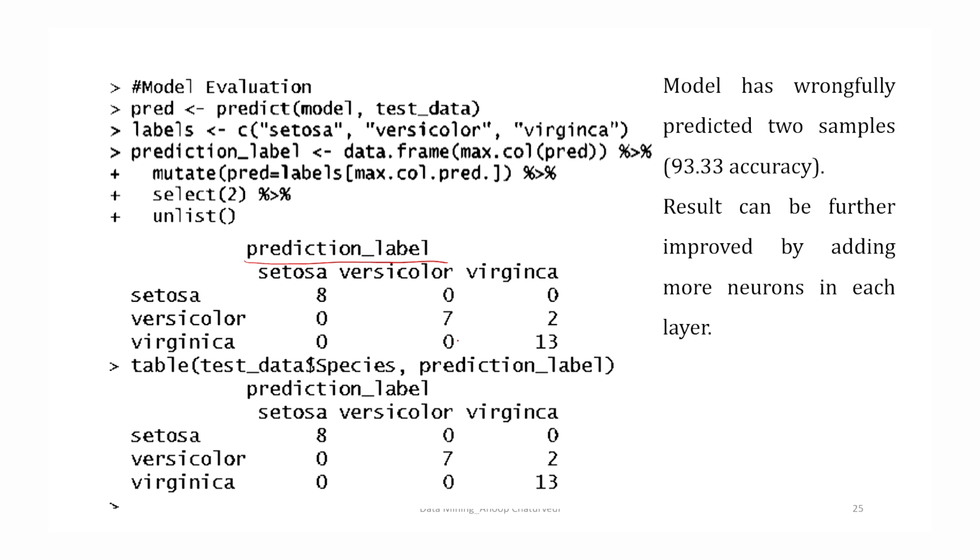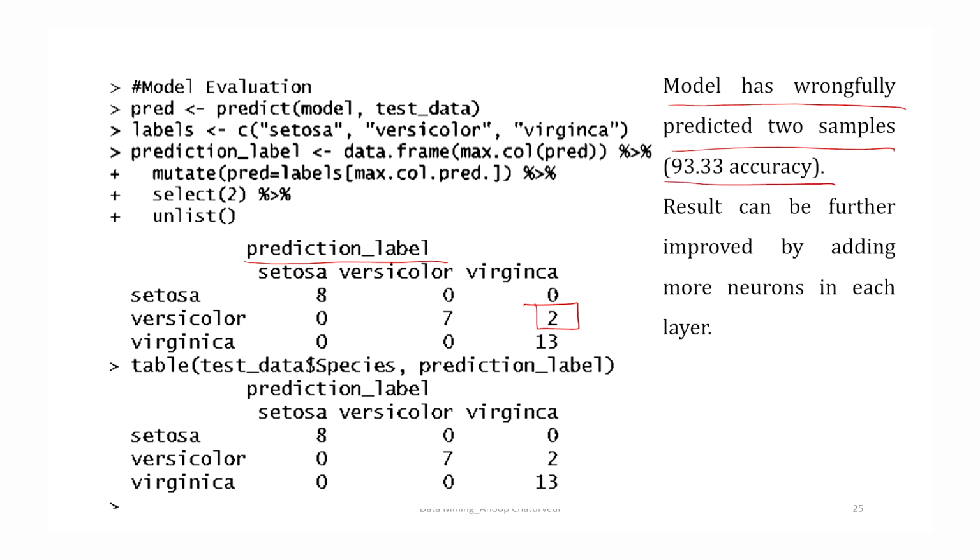And here you observe that 2 flowers of versicolor are misclassified as Virginica. So, the model has wrongly predicted 2 samples, so it has 93.33% accuracy.